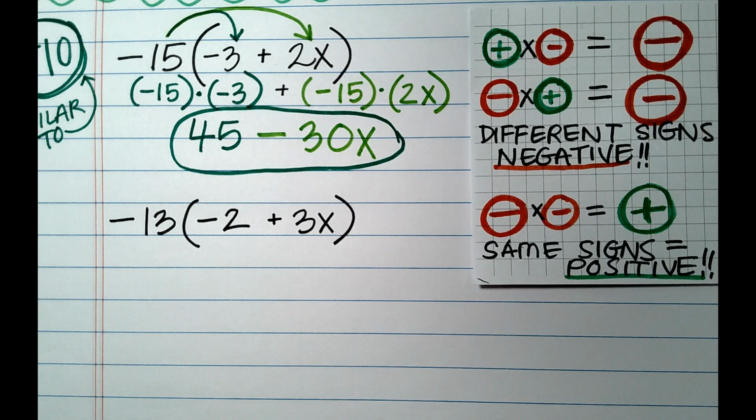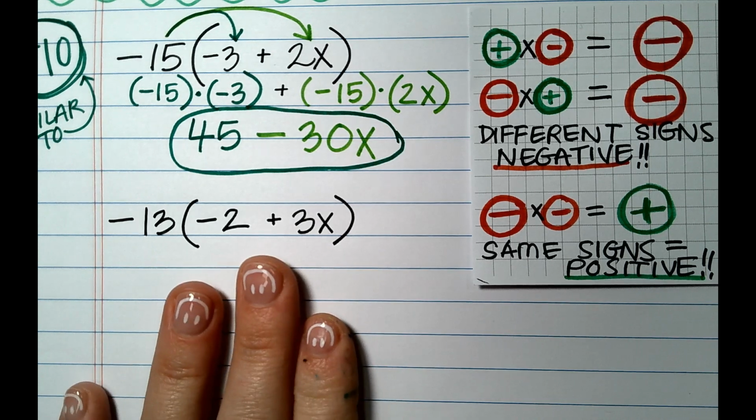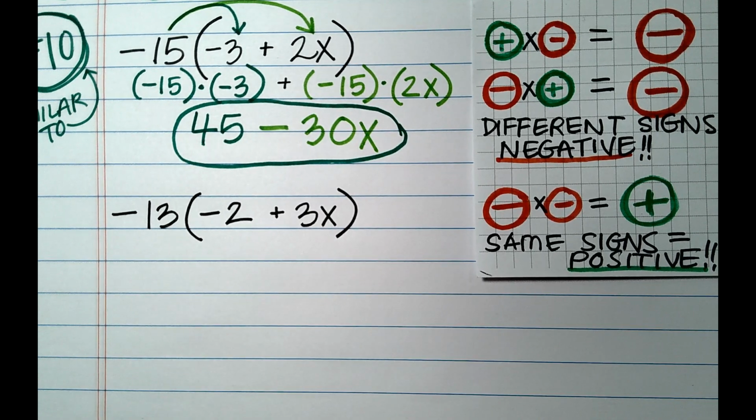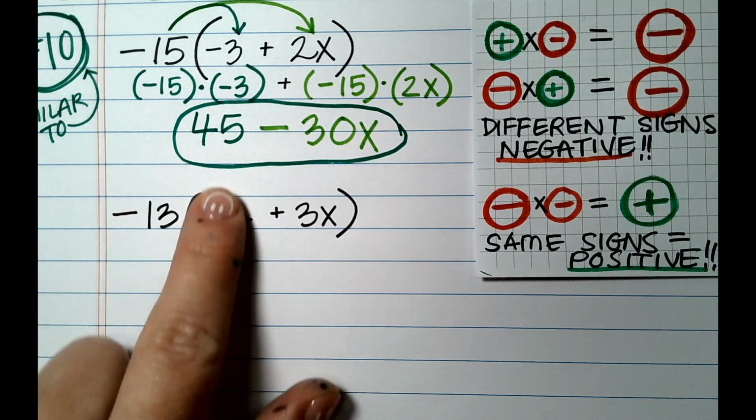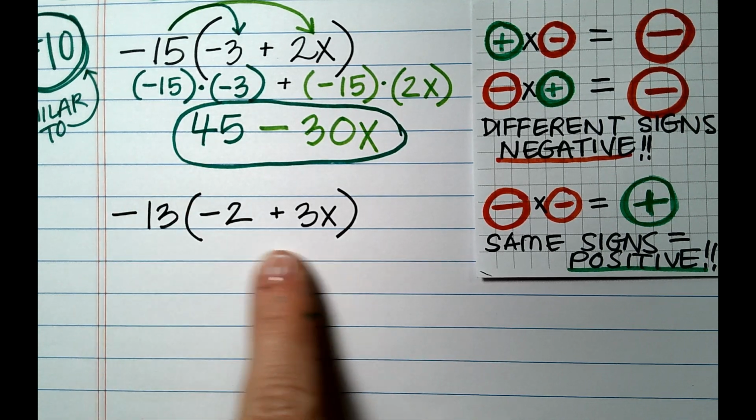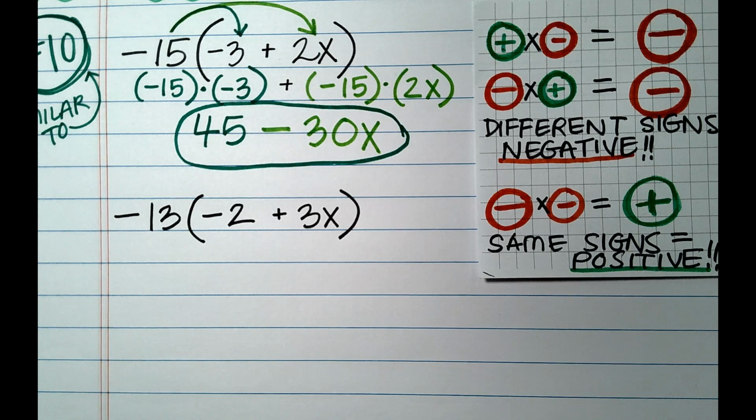What's happening here? What do I need to do? Times negative 13. Yeah. We need to multiply negative 13 times everything in the parentheses. So we're distributing.